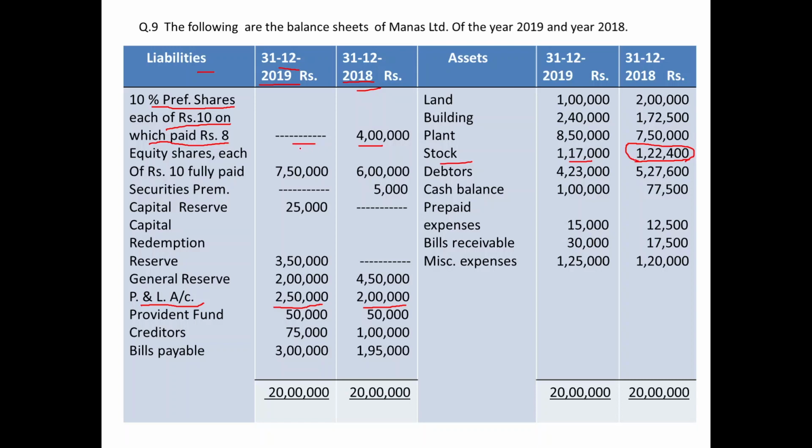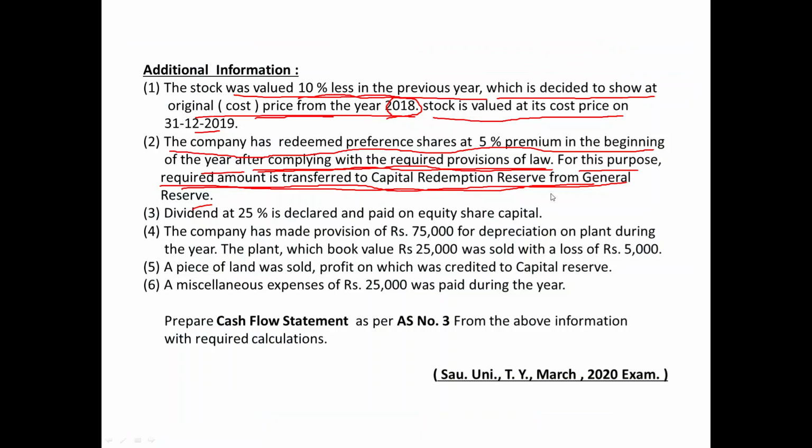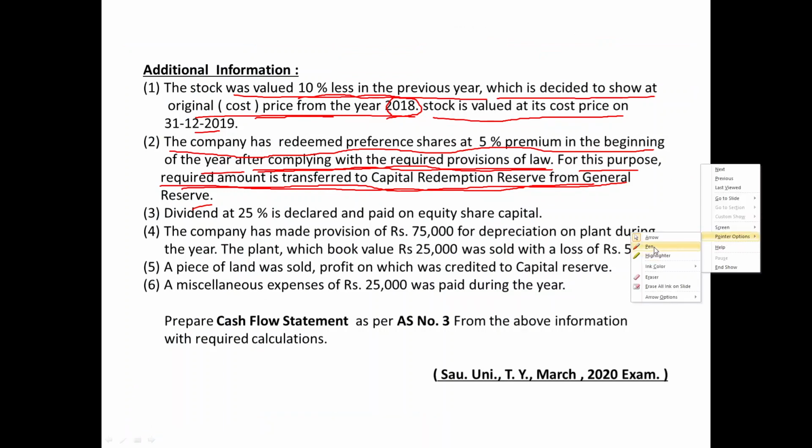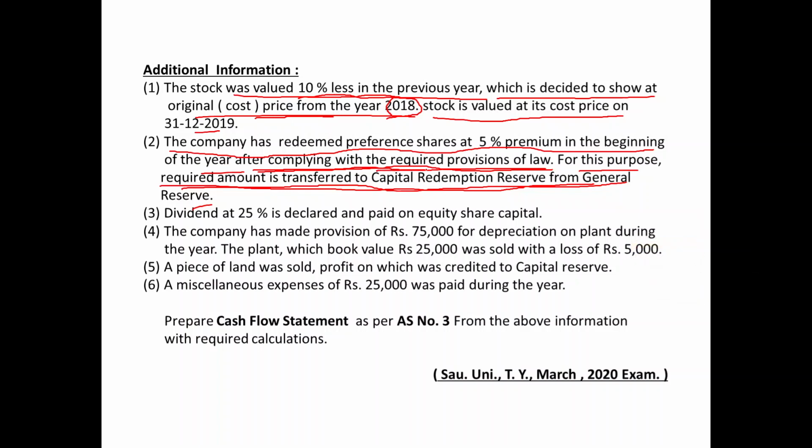But over here, it has been said that RPS has been done after complying with the required provisions of the Act, and as per the provisions of the law, partly paid up shares cannot be redeemed, only fully paid up shares can be redeemed.